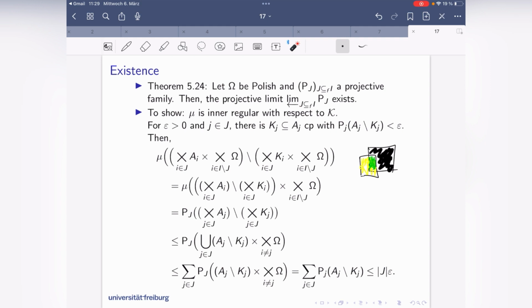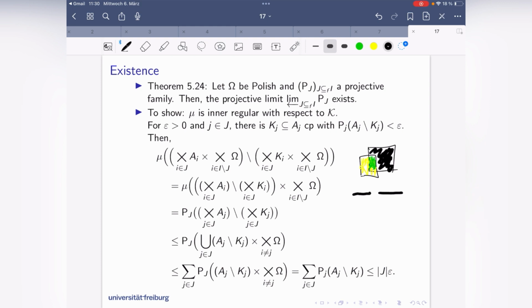For every coordinate, pick Aj without Kj. So what's that? In the A1 direction, we have this here without this here without this here. Yeah, this without this, which is like this here.